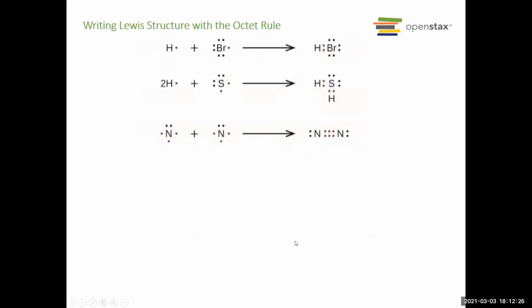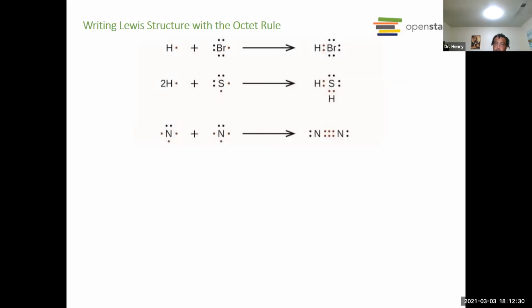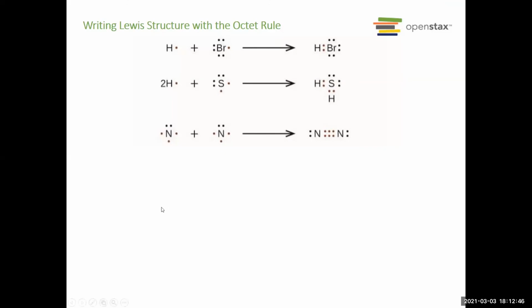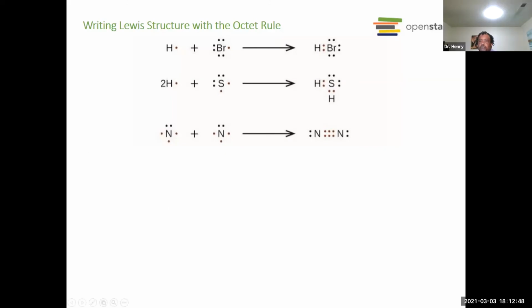Okay, so we can also use the Lewis dot structures to help us do chemical equations to kind of see what's going on. And this is basically just showing you that. Not too hard. Okay, so the rule is, did I stop here?